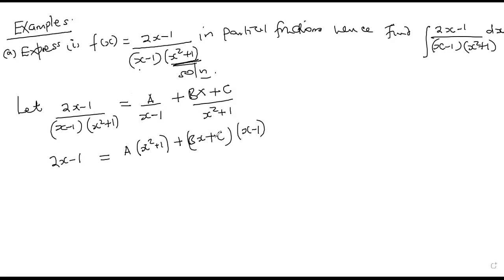And after getting this result, we can see how to eliminate and get the value of A, and how to eliminate and get values of B. The moment you let x as 1, the whole of this will go and you can get your A. So putting x is equals to 1, we shall have 2 times 1, which is 2, minus 1.